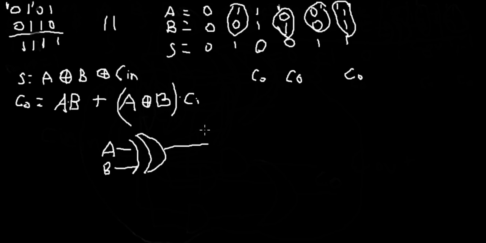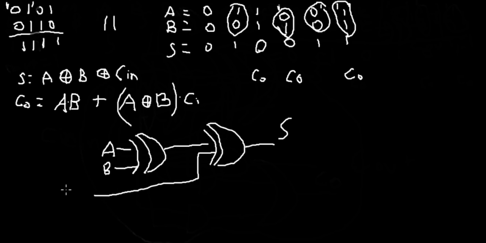And these are going to be XOR'd with our carry-in bit to create our S bit. I've been doing Cn, or CI, I should keep it consistent. We'll just call it CI, not Cn. Okay, so that creates the sum bit, cool.